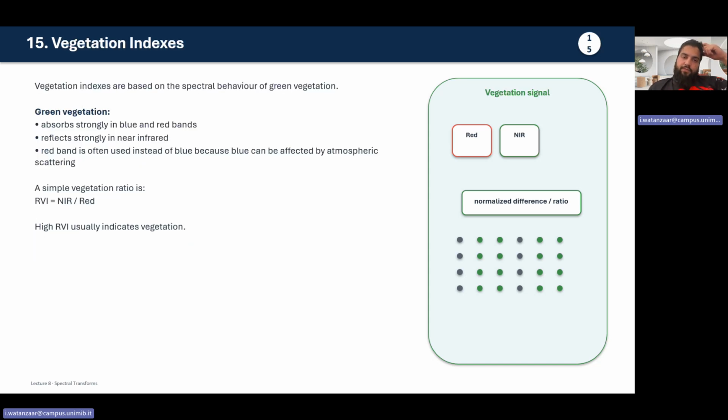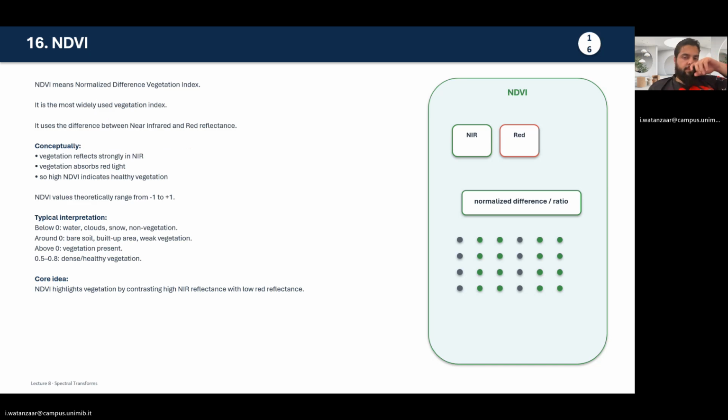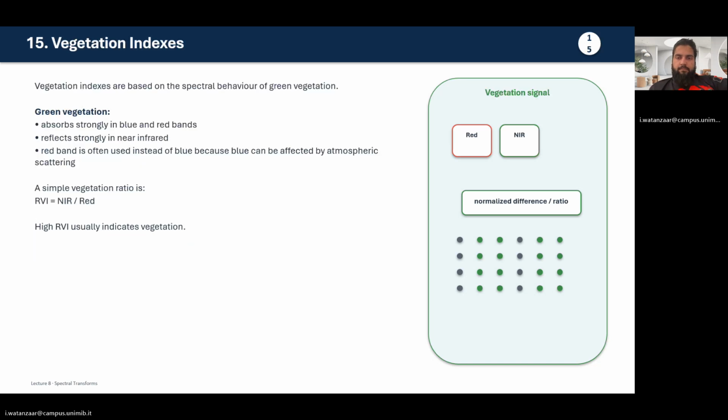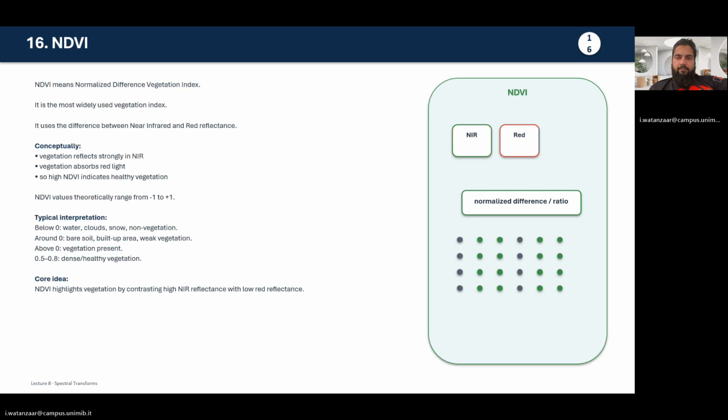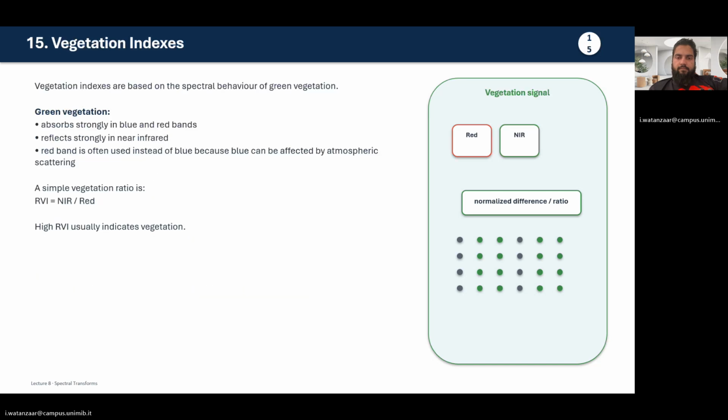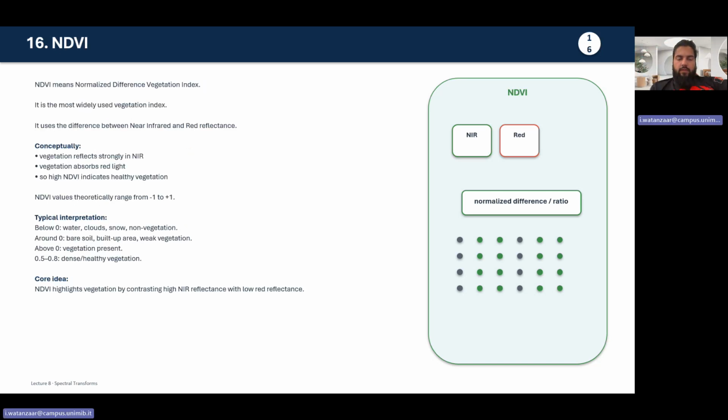But in the RVI, we see it is near infrared divided by the red, so there is a minor difference. So the core idea is that NDVI highlights the vegetation by contrasting the near infrared reflectance with the low red reflectance.